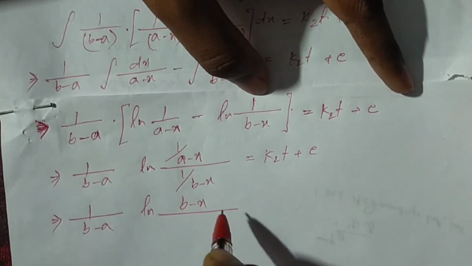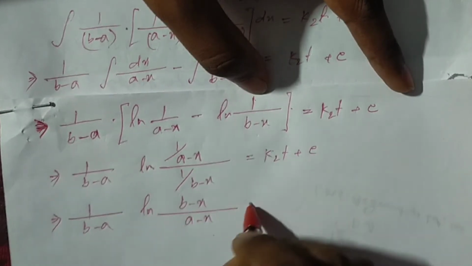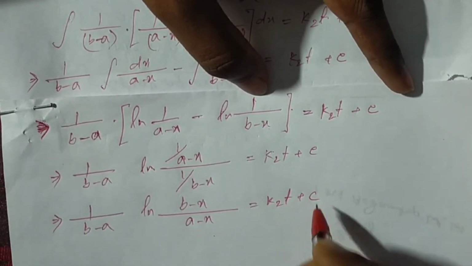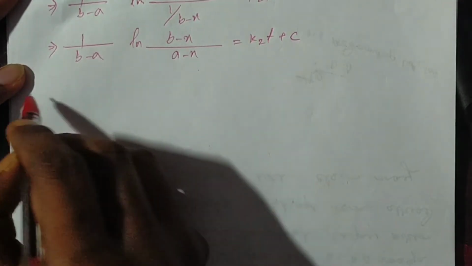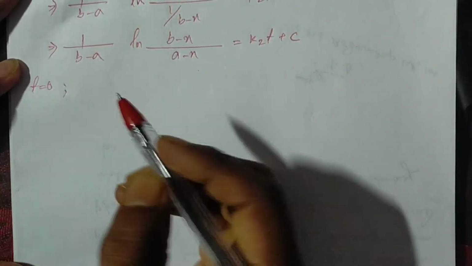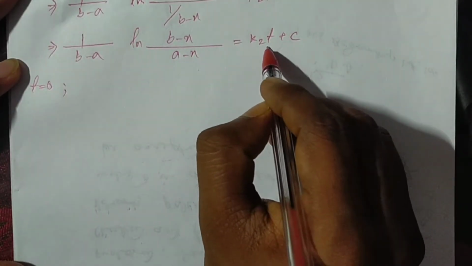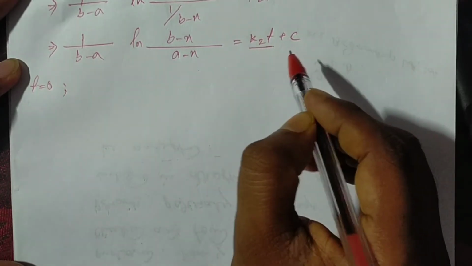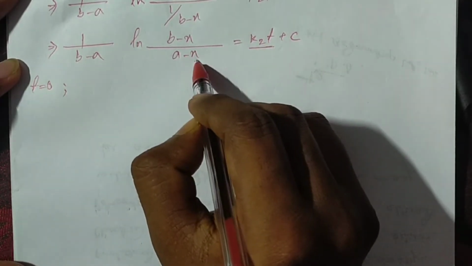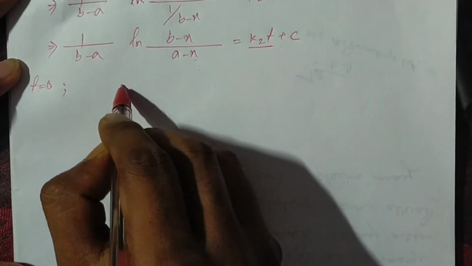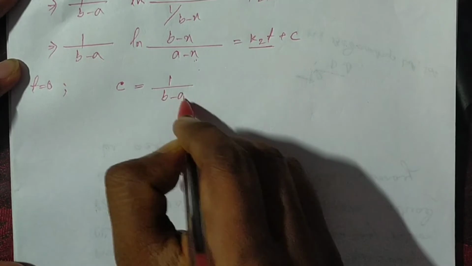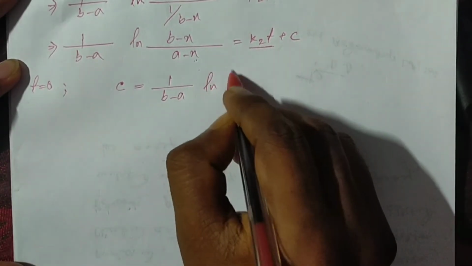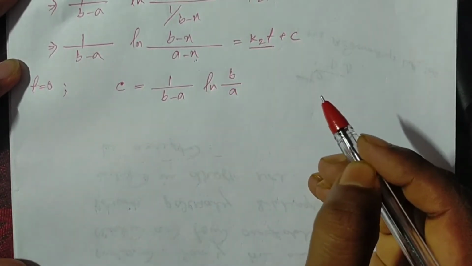Okay, so it will be 1 by (b minus a) ln (b minus x) by (a minus x) is equal to k2t plus c. Okay, so for time t is equal to 0 at the initial stage, x will be 0. So we will get c is equal to 1 by (b minus a) ln b by a.